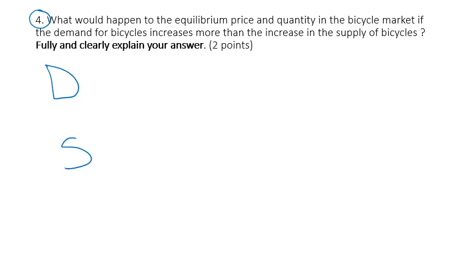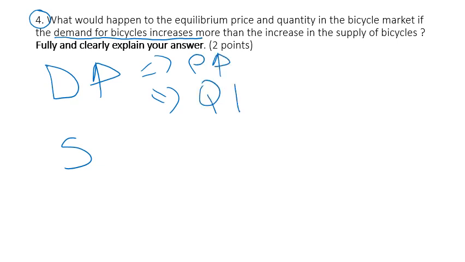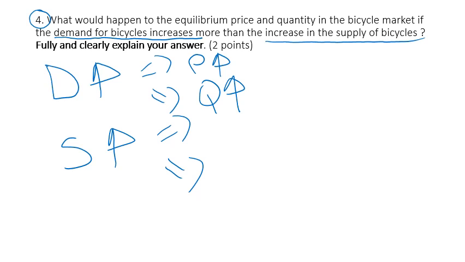So in regards to the demand event, the demand for bicycles increases. So when the demand for bicycles increases, the price of bicycles goes up and the quantity of bicycles goes up. And we're told that there's an increase in the supply of bicycles. So the supply of bicycles increases, and that's a rightward shift of the supply curve.